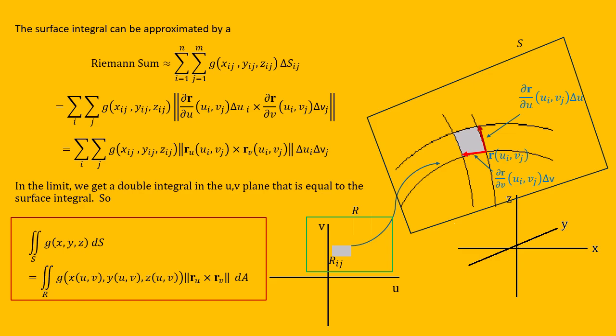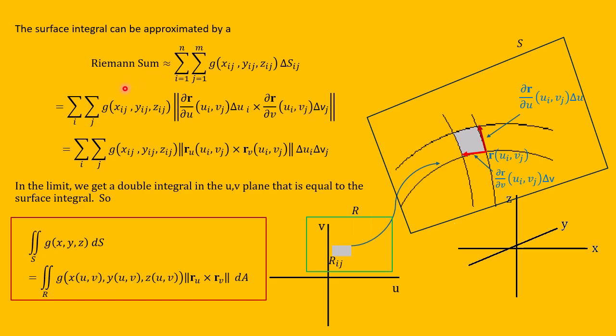So let's go back to that surface integral which we approximated by this Riemann sum. In this Riemann sum, the sum over i and j of g of this point times the area of the ijth subregion, the area of this subregion is just the norm of the cross product of these two vectors.